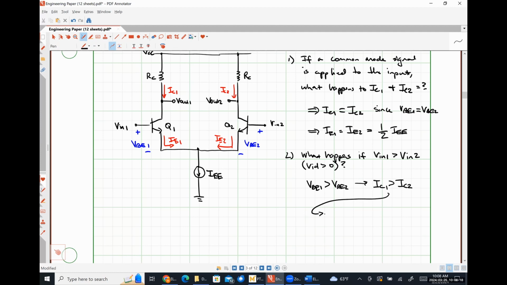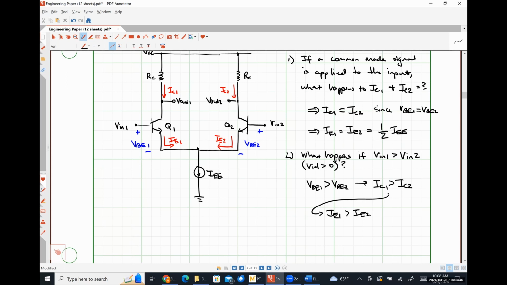Which in turn means, sorry, that should be an I, IE1 is greater than IE2. So if the input voltage on transistor Q1 is larger than the input voltage on transistor Q2, then Q1 starts carrying more of the current.